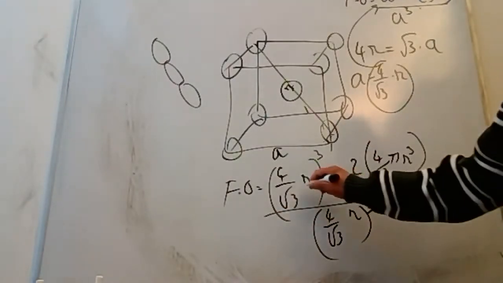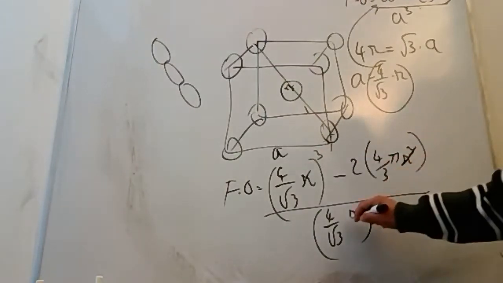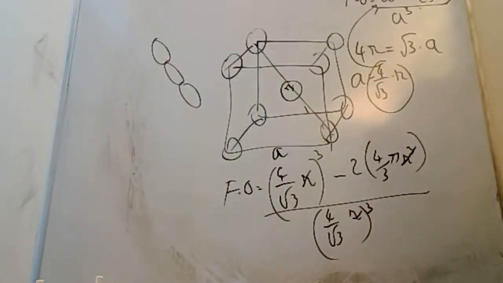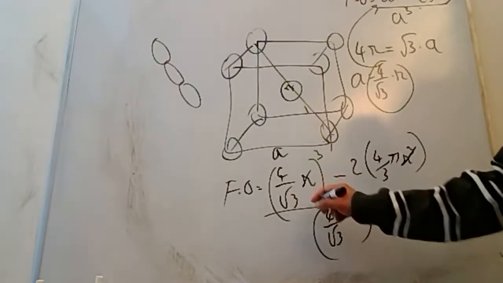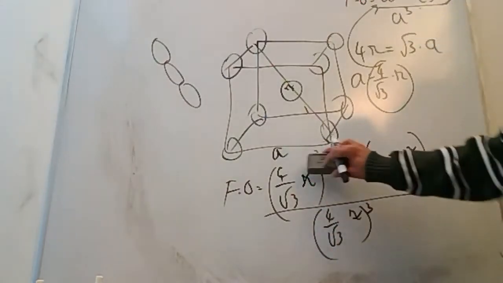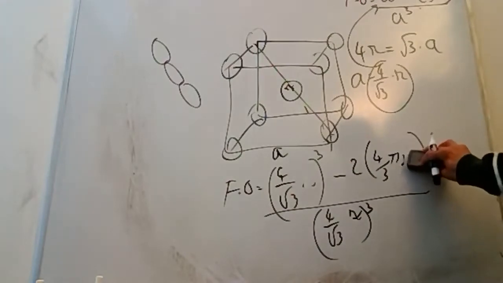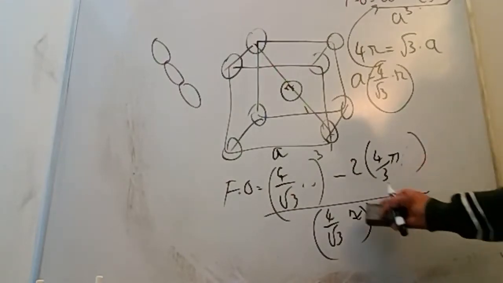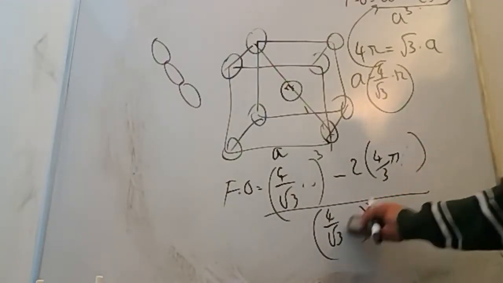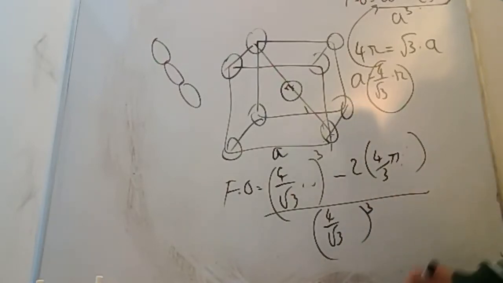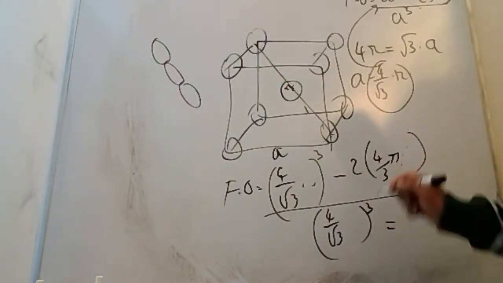Again, if you look at the common factor r, the r gets cancelled. So you have now (4 over square root 3) cubed minus 2 times 4/3 pi, divided by (4 over square root 3) cubed. Can anyone please do the calculation? Tell me what this value is.